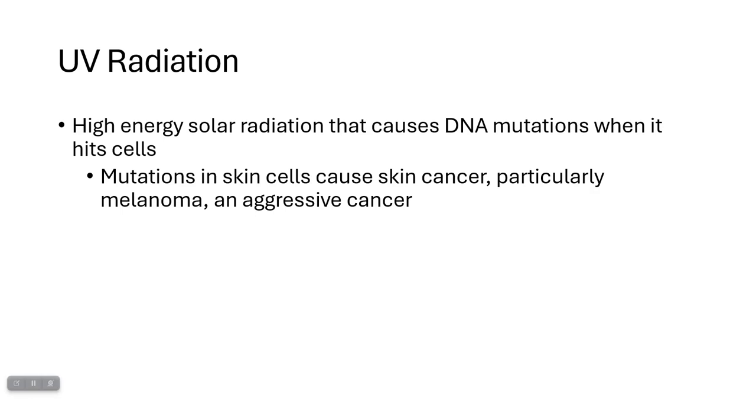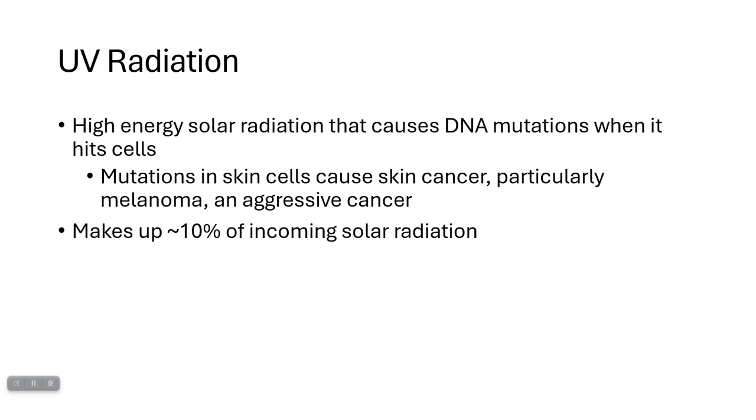So, when you have exposure in humans, for example, to ultraviolet radiation, it causes mutations in skin cells, and that causes skin cancer. One of the particularly bad forms of skin cancer, called melanoma, is often caused by UV radiation exposure. Melanoma is a very aggressive cancer, which is why it's dangerous. A lot of times, by the time you've detected it, it's become very difficult to treat, and it has a high mortality rate.